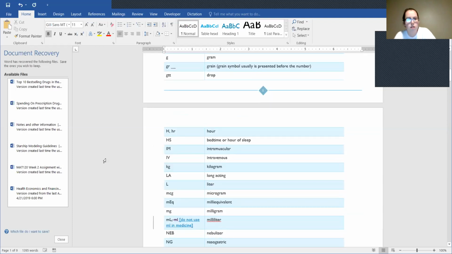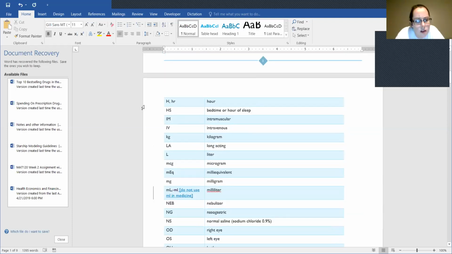One that we use, of course, is H for hour, or HR. HS means bedtime, hour of sleep. So you'll see an abbreviation HS, that means take it just before you go to bed. There are a lot of drugs that can have varying effects.